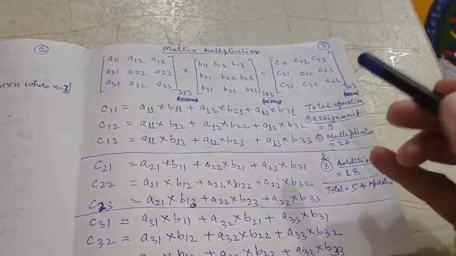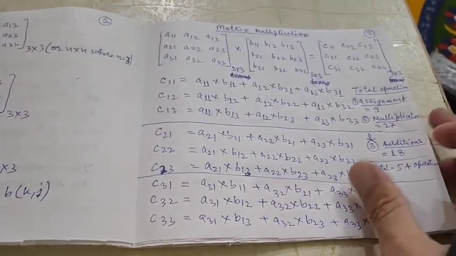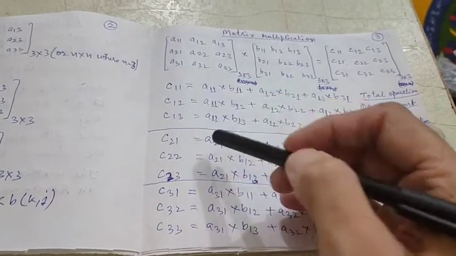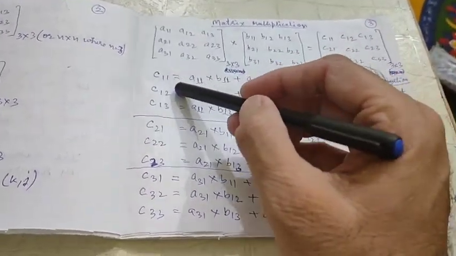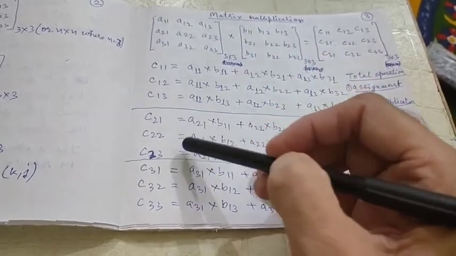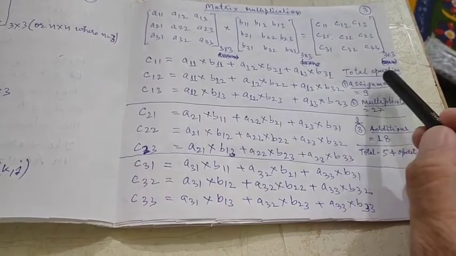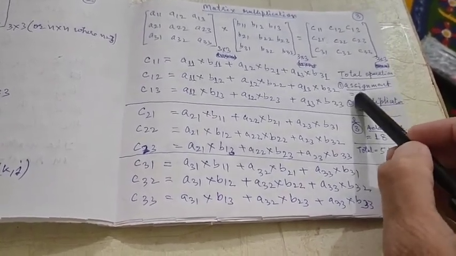Now here we have to see how many operations this matrix multiplication will take. So we have 9 assignments: 1, 2, 3, 4, 5, 6, 7, 8, 9. So total operations, the first one is the assignment, which is 9.